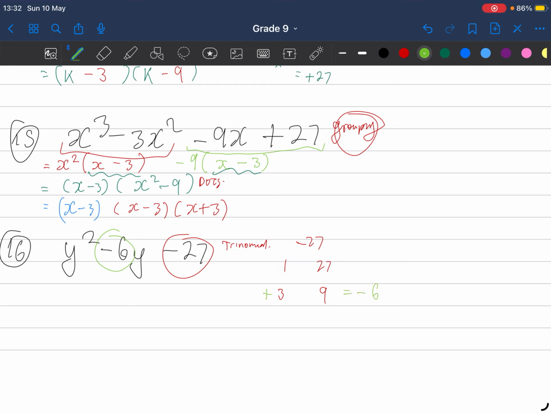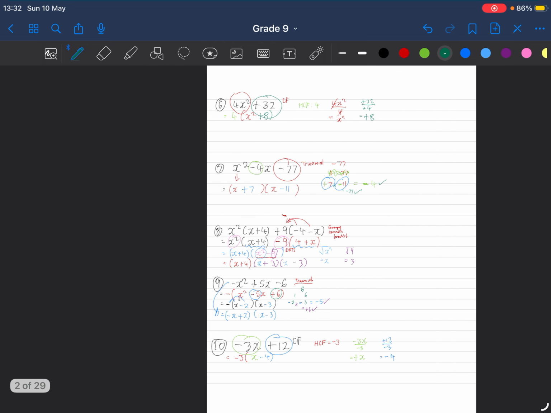So positive 3 minus 9 is going to give you minus 6, and if you multiply it, negative 27. So equals brackets, brackets. Bring down whatever the variable is as a standard, and then go ahead and input our factor pair. So plus 3 and minus 9. That has been factorized.